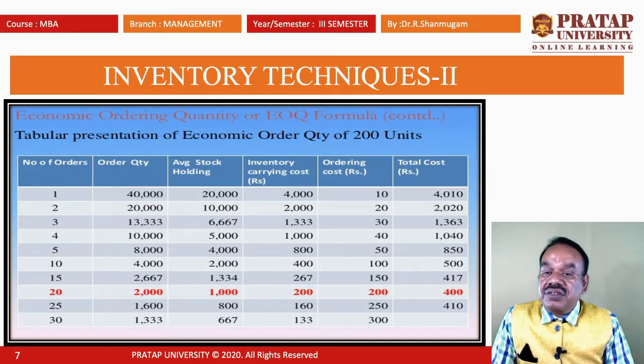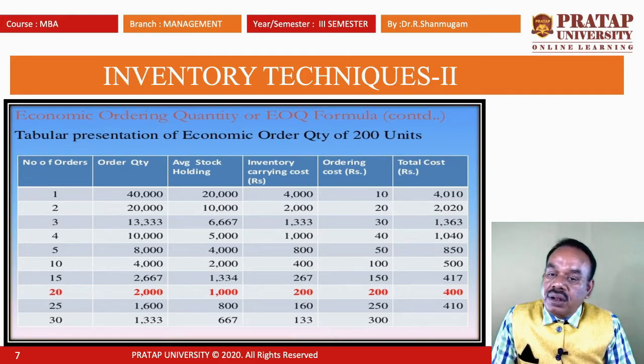Here some illustration was given in a table, the tabular presentation of economic order quantity, for an example of 200 units. Generally the number of orders may be a quantity or a batch. Order numbers 1, 2, 3 and so on up to 30 were given. Order quantity and average stock holding were given in thousands. Inventory carrying cost, ordering cost and total cost were given in rupees.